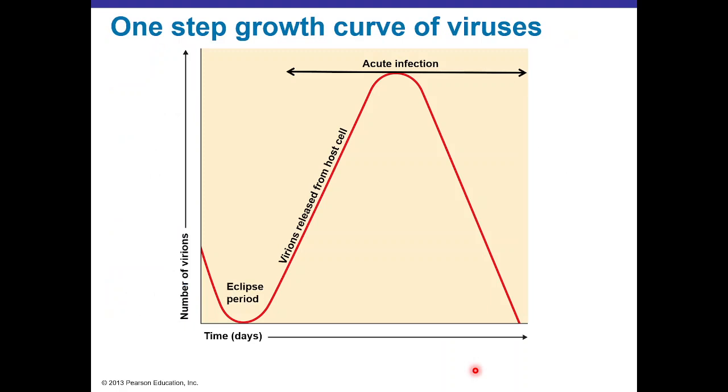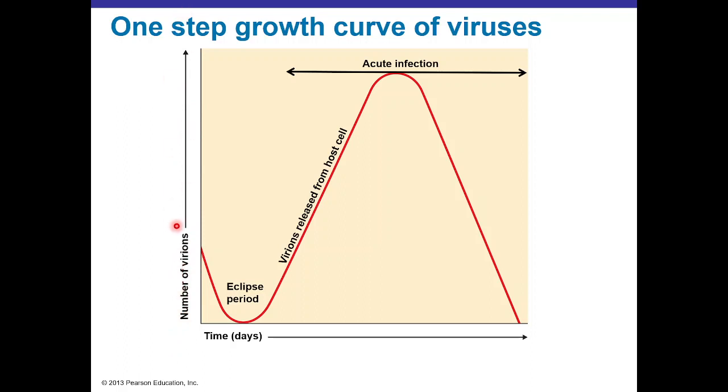When the viruses are doing that, you don't see particles in the medium where you're growing the bacteria. This is known as the eclipse period. This is a graph showing the growth of viruses within host cells.